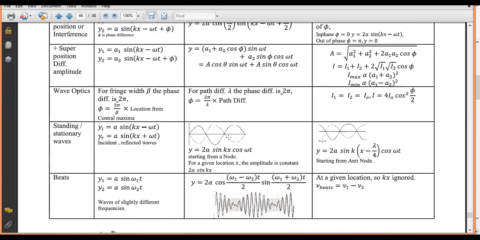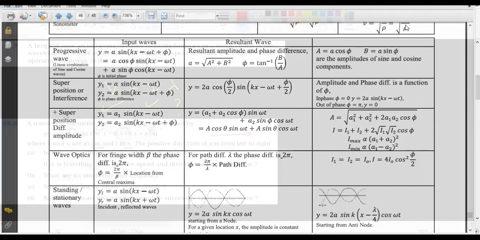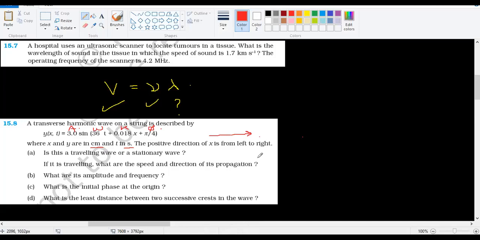But here we are seeing a pattern which is sin(ωt + kx), so this is more like a progressive wave. The pattern does not look like a standing wave, so I would say it's a progressive, traveling wave.